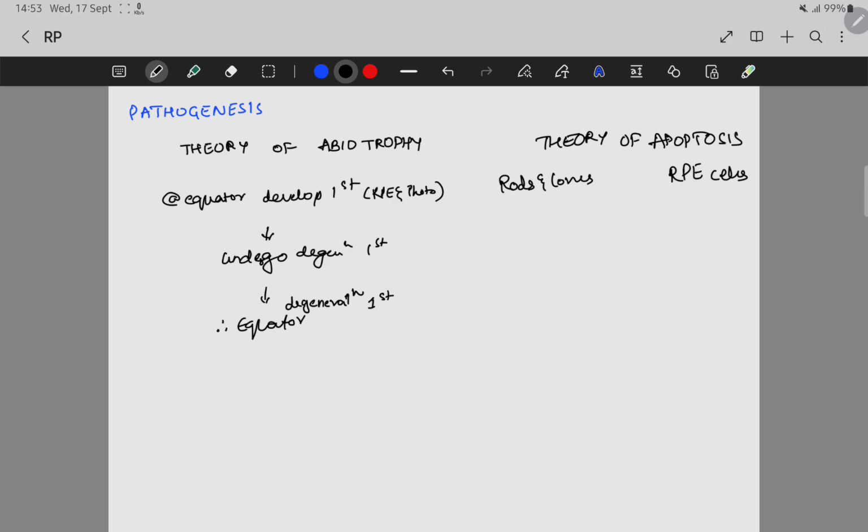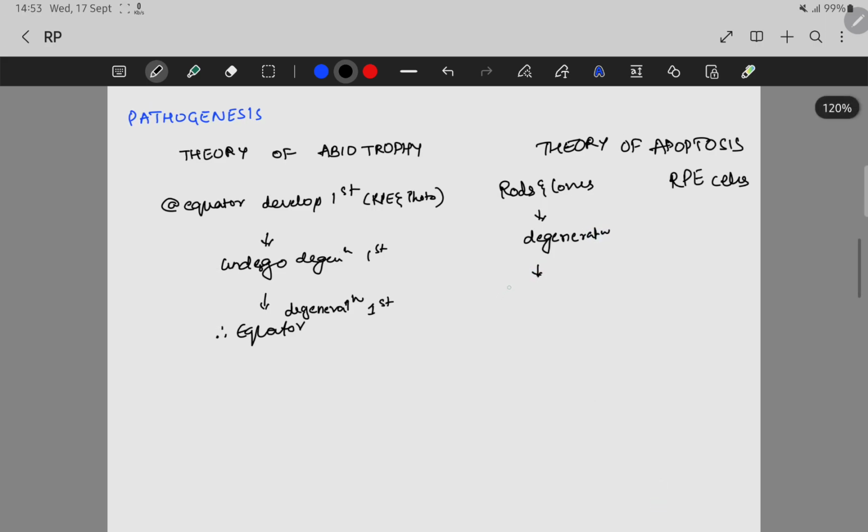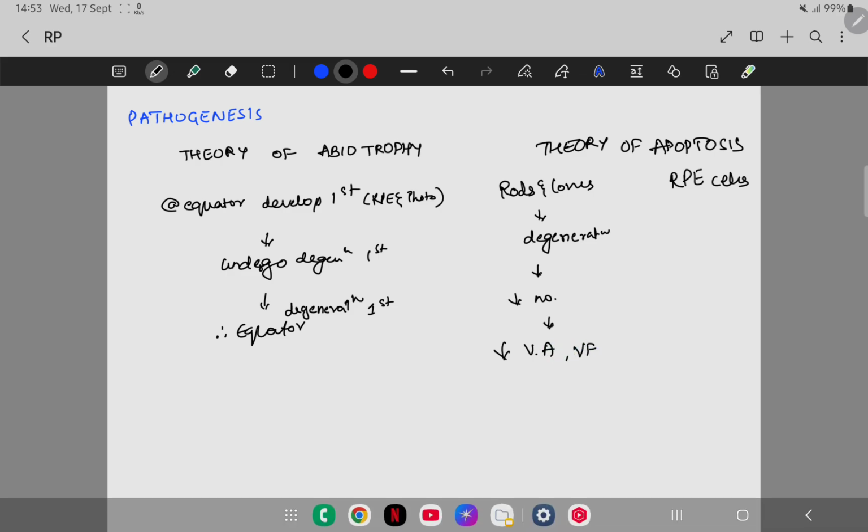Rods and cones are degenerated, so there is a reduction in the number of photoreceptors, and reduced visual acuity and visual fields.